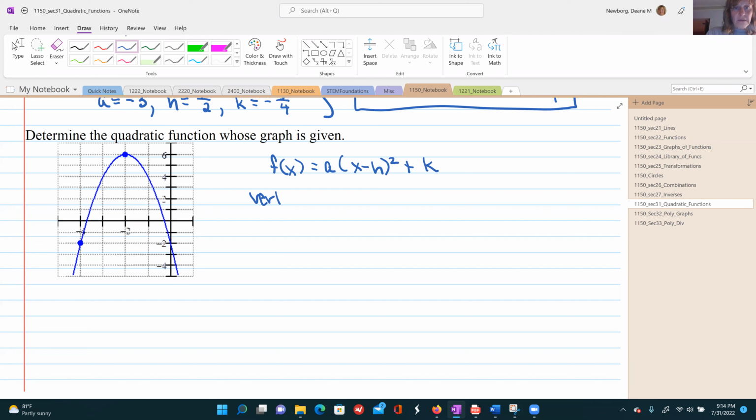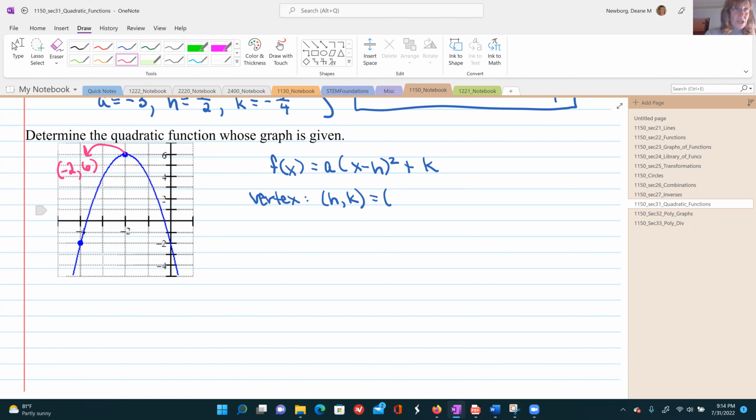So the vertex is (h, k), and I can tell just from looking at the graph that the x is -2 and the y is 6.